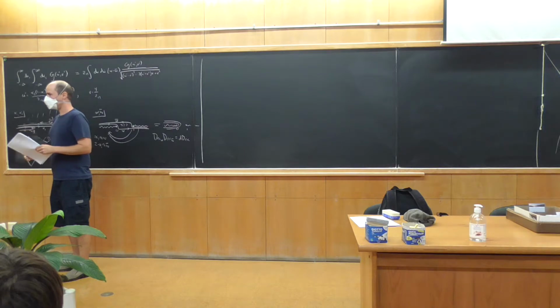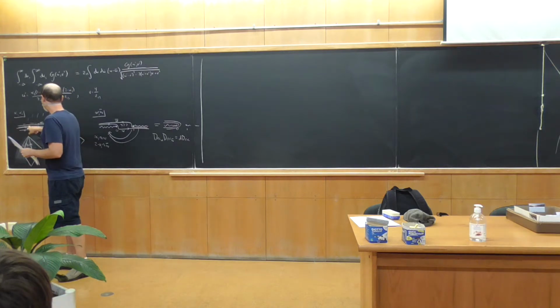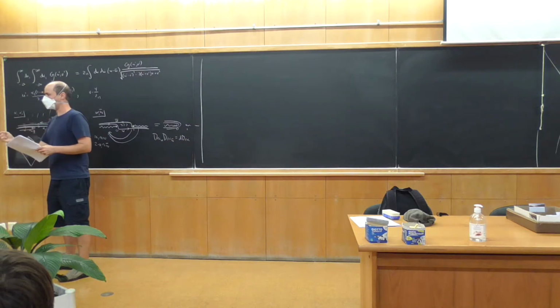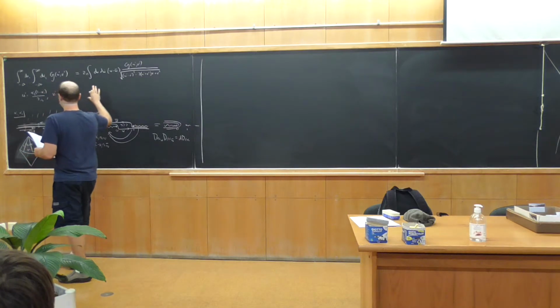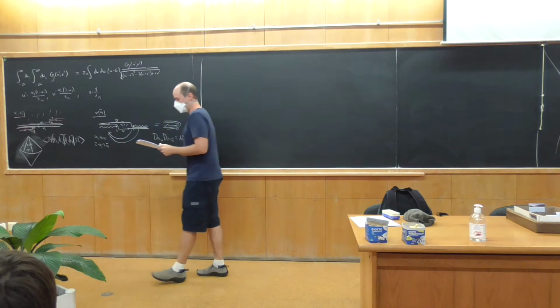So when alpha 3 sits here and alpha 1 sits here, then U is 0 because we're going straight to the S-channel singularity, but V is not. And if you evaluate V, you'll get this. So that'll appear in a moment.